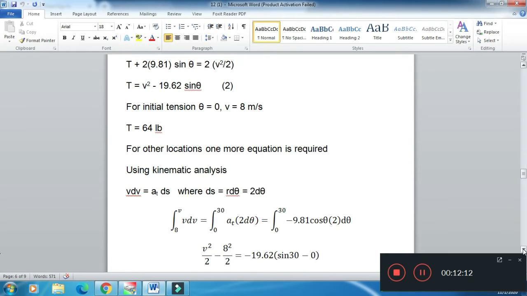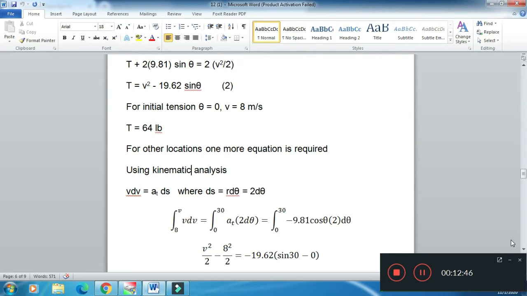Now we apply the equation v dv equal to a_t ds, because since we know the angle, we can find the displacement, the distance covered, and we need the value of velocity. It is more convenient to use the v dv equal to a_t ds formula rather than v equal to ds over dt or a equal to dv over dt. So we directly use this formula.